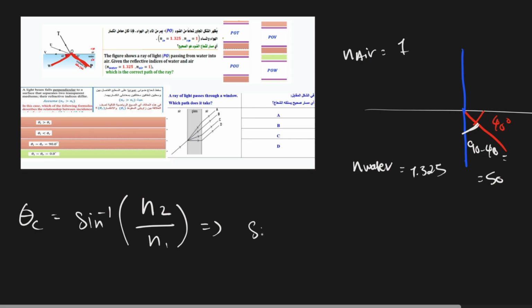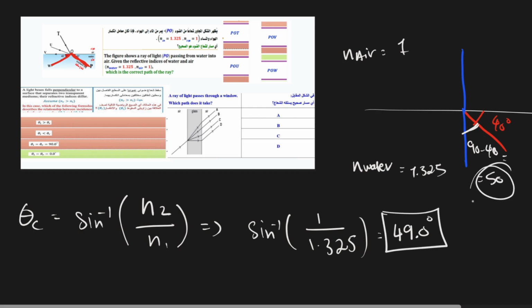Sine inverse of 1 divided by 1.325, and the answer is 49.0 degrees. This is the critical angle, and the angle that we have, 50, is greater than the critical angle, therefore we will not have refraction, but we will have total internal reflection. So this is another way to solve it, to verify if it exceeds the critical angle or not.